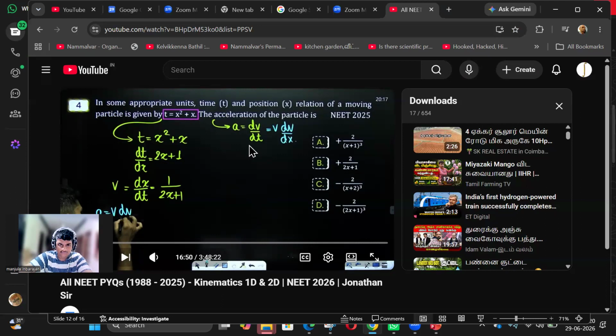This is so simple. I don't know whether you have done this or have to wait for it. Acceleration is defined as dv by dt. That can be written as dv by dx times dx by dt. This is the chain rule of differentiation. Have we done the chain rule?